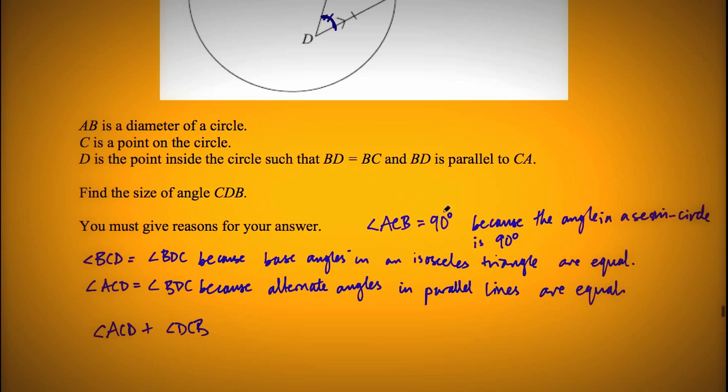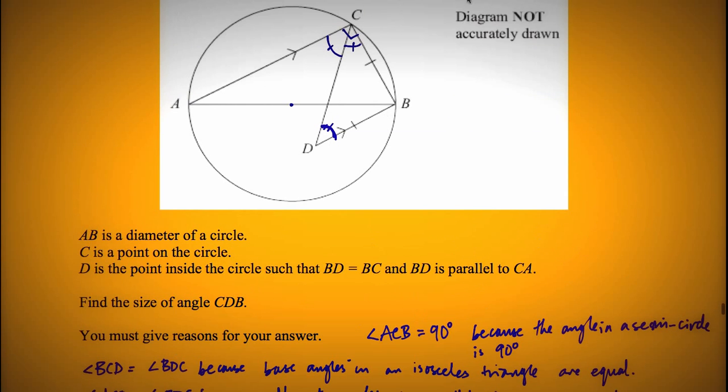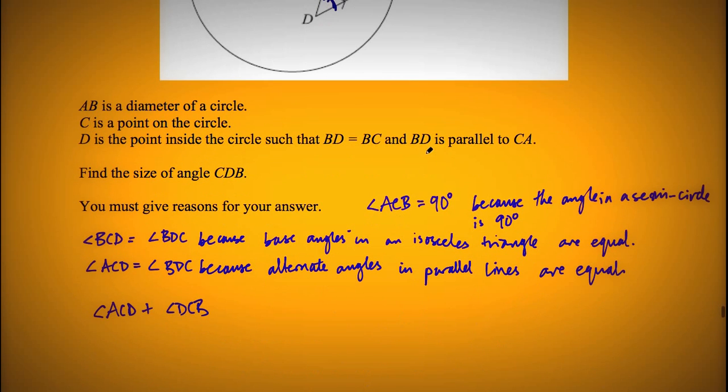Let's check I've got the right things there. DCB, ACD equals 90 degrees, and ACD equals angle DCB. Therefore, angle ACD equals 45 degrees, 90 degrees divided by 2.